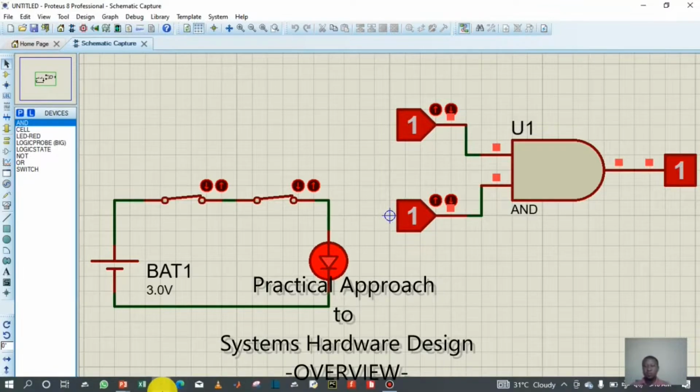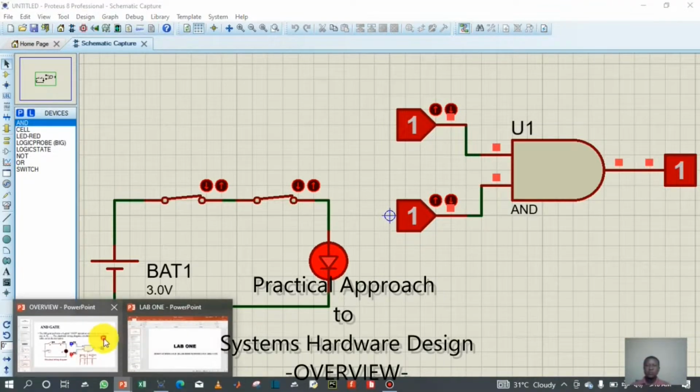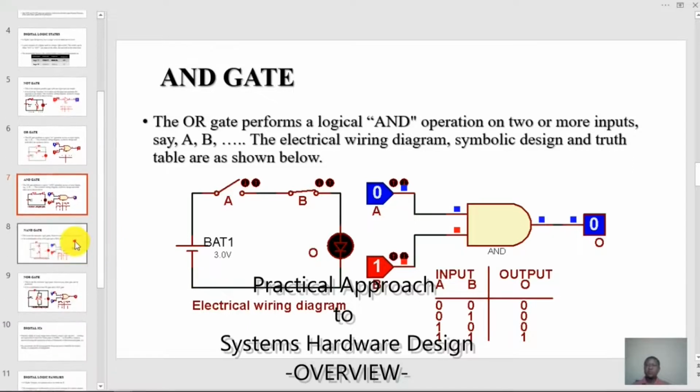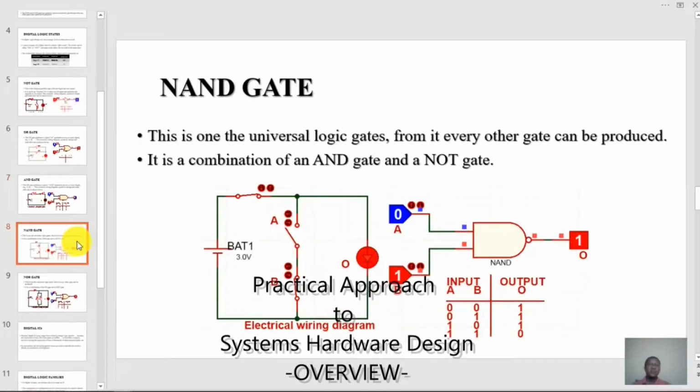So let's continue. The NAND gate is just adding a NOT to an AND. You have a NAND gate. This is just how the sketch is. If you run this on Proteus, you probably realize this, and this is how this one is. So this is just the NAND gate.